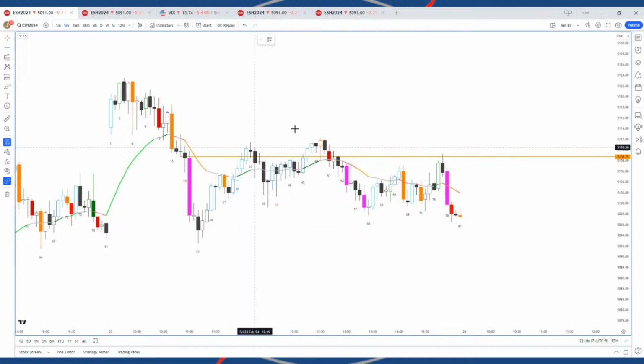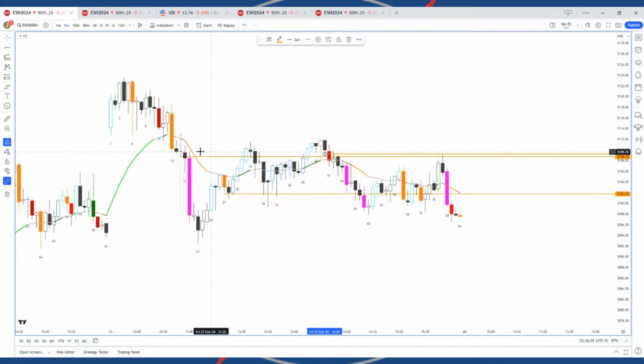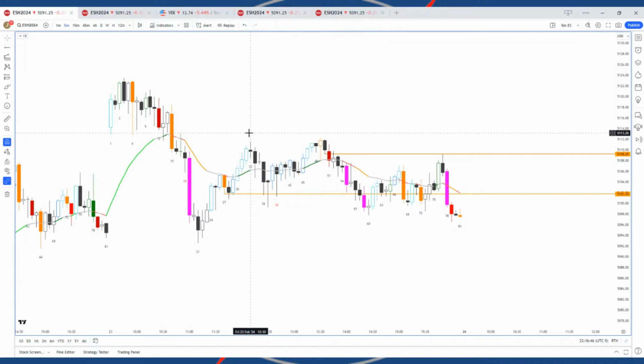So if you're getting failed breakouts from outside bars that resume the trend, like here, outside bar, pullback, trend resumption, then typically you're going to be able to use limit orders to trade at these levels. You can fade these, fade here.